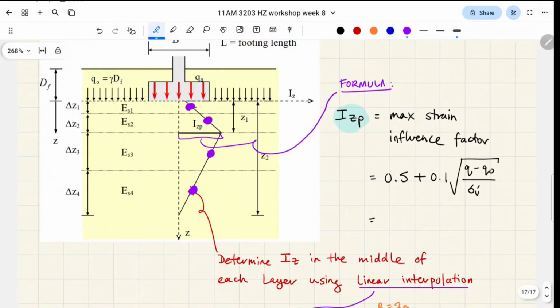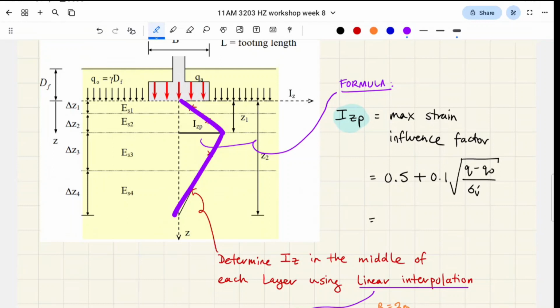In order to get that, we need to first calculate the peak. It almost works like a triangle shape, because it's kind of like two straight lines. One goes upwards and reaches the peak, and then one goes downwards and reaches 0. This is the influence of the soil on our settlement, essentially.